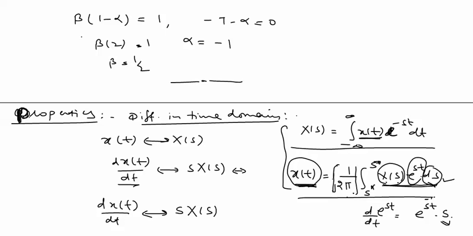This term also does not depend on t, only a single term depends on t. We have to differentiate this term and an additional term is added to the expression. Second property, in the same manner, differentiation in s domain.